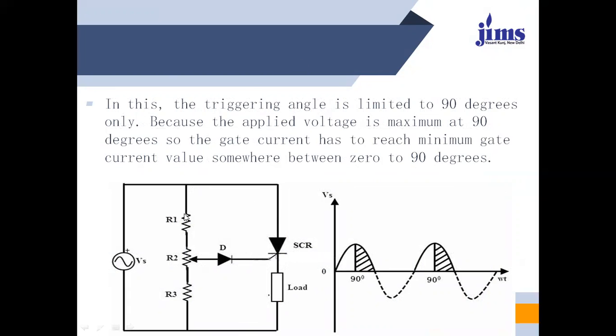As the circuit indicates, there are R1, R2, R3, and the supply voltage is AC. In between, we connect a diode, and the purpose of this diode is to make the current flow unidirectional, moving from R2 towards the SCR.